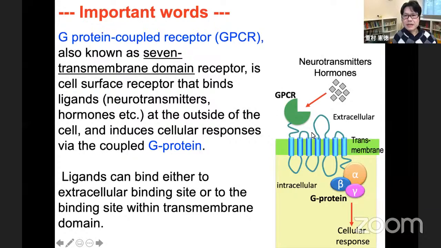Ligand binds to the outside of the cell, which activates the receptor and induces the cellular response via G protein. G protein and receptor are coupled here. And ligand can bind either to the extracellular region or to the binding site within the transmembrane domain.